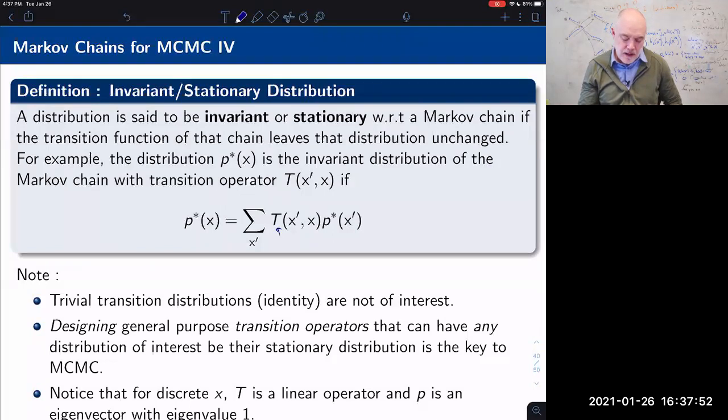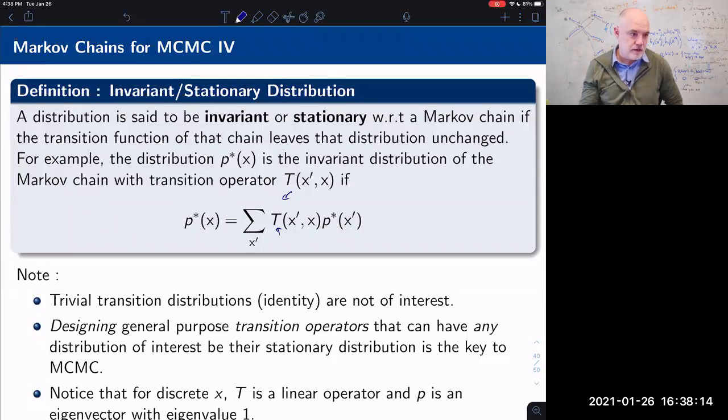And I should point out that for those of you who are mathy and like linear algebra, what you're looking at here is an eigen decomposition. If we're in a discrete space, this T can be expressed in matrix form, and P star can be expressed in vector form.